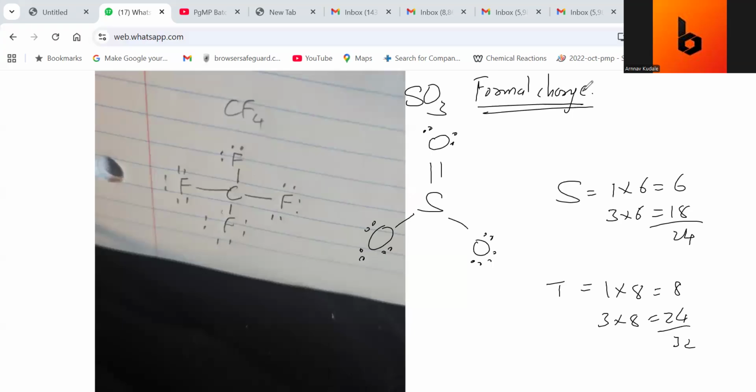A simple way to remember formal charge is that if you see 3 lone pairs on oxygen, that is one negative charge. That means there are two negative charges on this molecule, which means the sulfur has a plus 2 charge. So if this is the structure, it is slightly unstable.